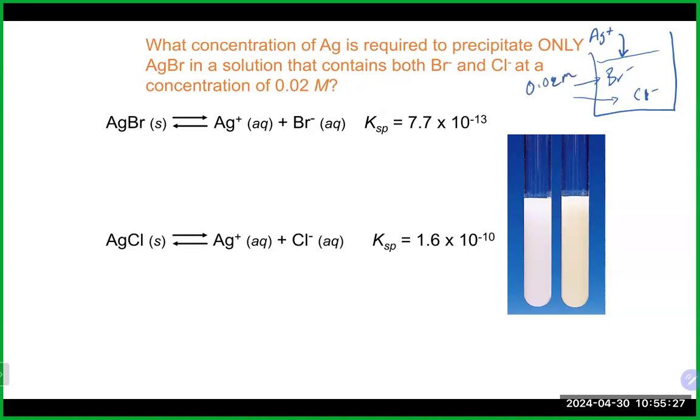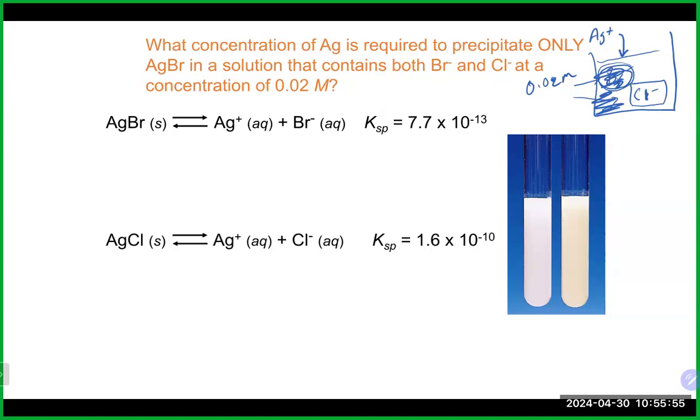We want to figure out how much silver we need to add, in the form of silver nitrate or something like that, that will precipitate out only the bromide ions and leave the chloride still floating around in the solution until we're ready for them.